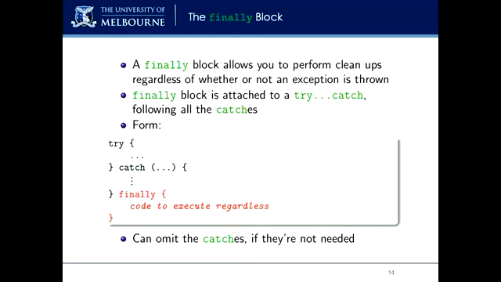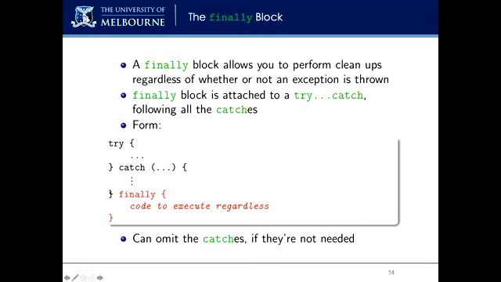Essentially, if you want to close loops, or save the state of your variables, maybe somebody's filled out a huge form and an error occurred, and there's nothing worse than filling out a huge form as a user, and then an error occurs, and you have to fill out the whole form again. So a cool thing to do would be to have a finally block that says if there's an error, store the variables ready for later so that they can be called back at an instant's notice.